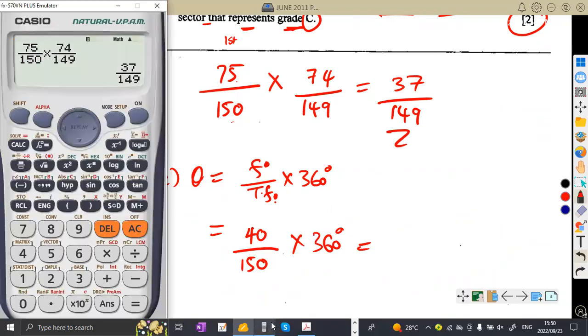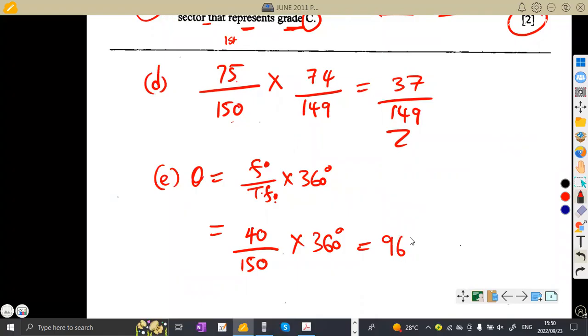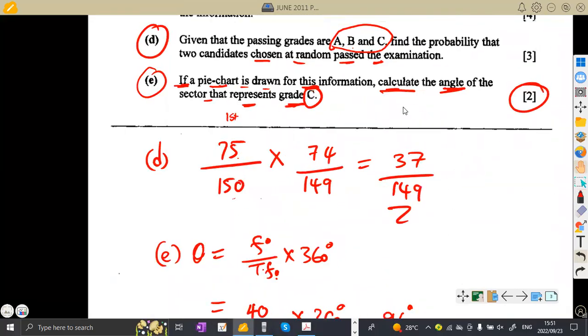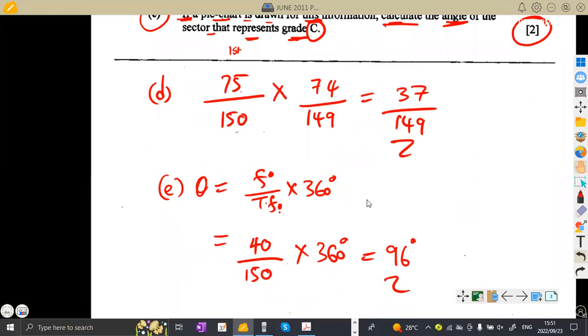That is going to give us the angle of the sector. So 40 over 150 here. Whatever we get, we multiply by 360 degrees, and that's 96 degrees, just like that. Okay, so that was the angle of the sector which represents grade C, because here we are talking about grade C. So that was the idea there.